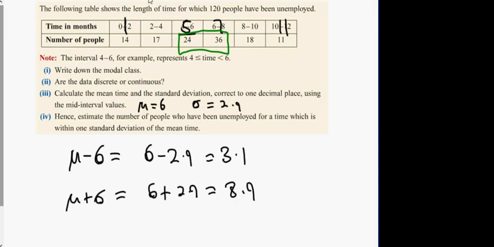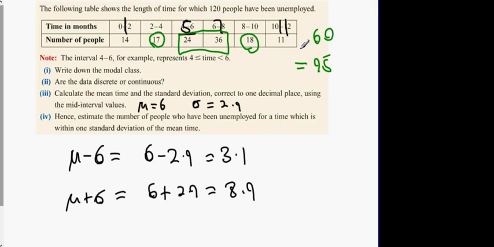So we could actually include the two of these and get a maximum value, which would be 17 plus 24 plus 36 plus 18, which would give you 95. So 95 is the maximum amount of people and 60 is the minimum. Realistically, the answer is going to be somewhere in between, isn't it?